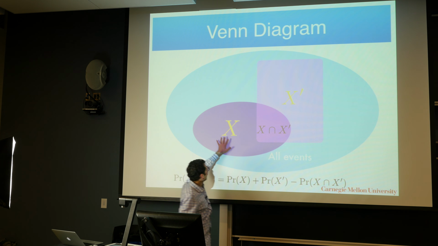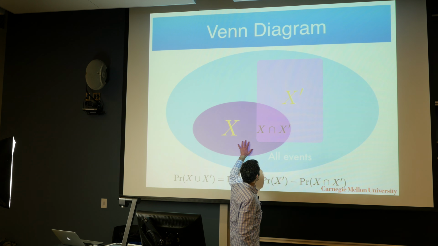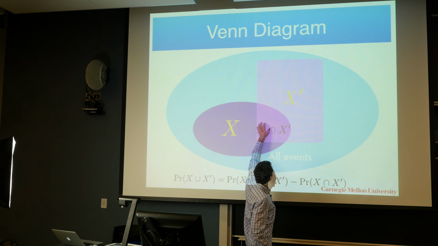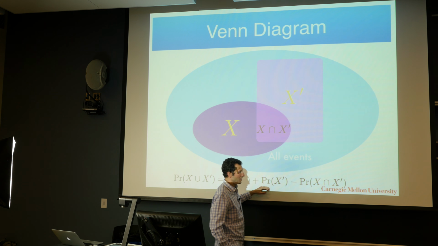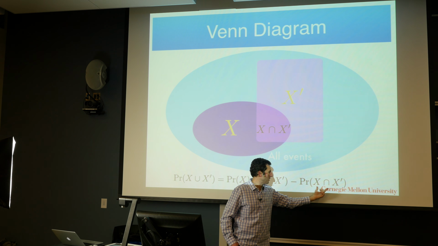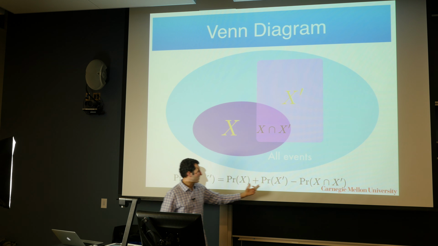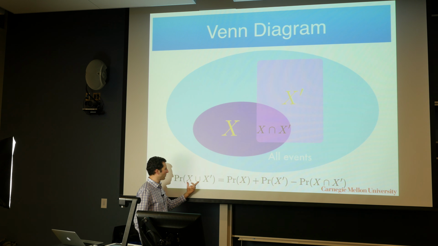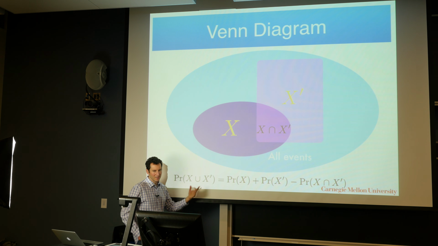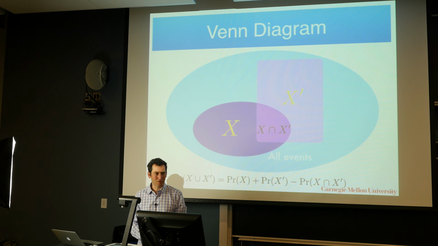That's basically this purple area plus that purple area. It's, of course, the ellipsoid plus this rectangle minus the intersection. And so by rearranging things, you can work out that the probability of the intersection between x and x prime is the probability of x plus the probability of x prime minus the probability of the union. So you can just rearrange those things. In case you're not quite sure, draw the picture, and you will never get it wrong.